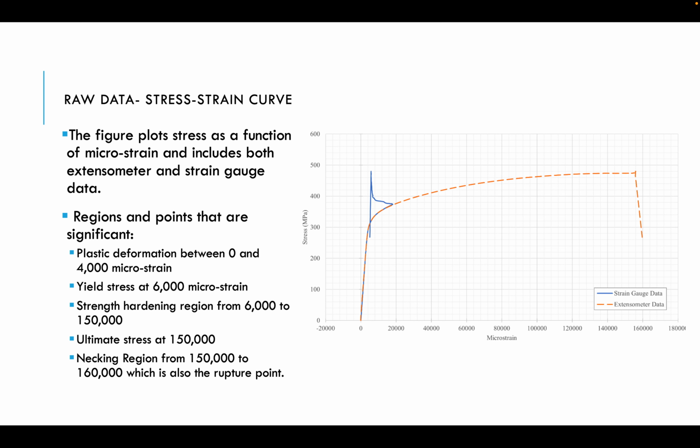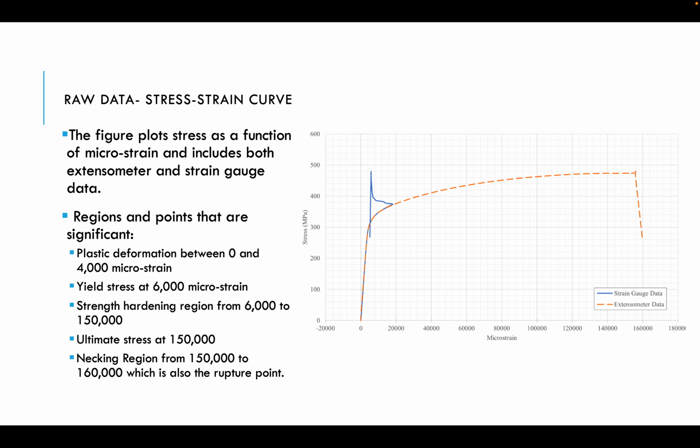This includes both the extensometer and strain gauge data. The curve shows several important regions and points. The elastic region occurs between 0 and 4,000 microstrain, where the material deforms without a significant increase in stress. This region corresponds to the initial linear portion of the curve.